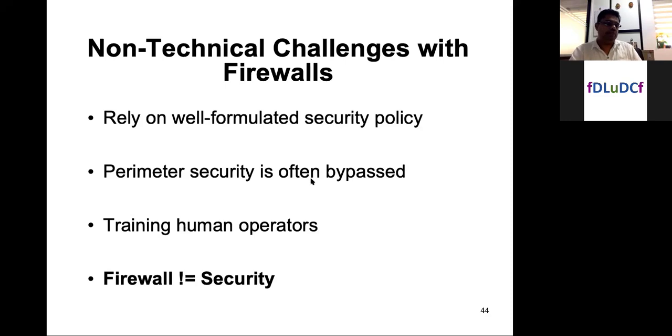So then maybe if you are keen to configure it, you might configure a few rules, then suddenly some application in your organization may not work. So then your boss may blast you, asking why it didn't work, and then you cannot figure out the problem in your rule, then what do you do? You allow entire traffic.